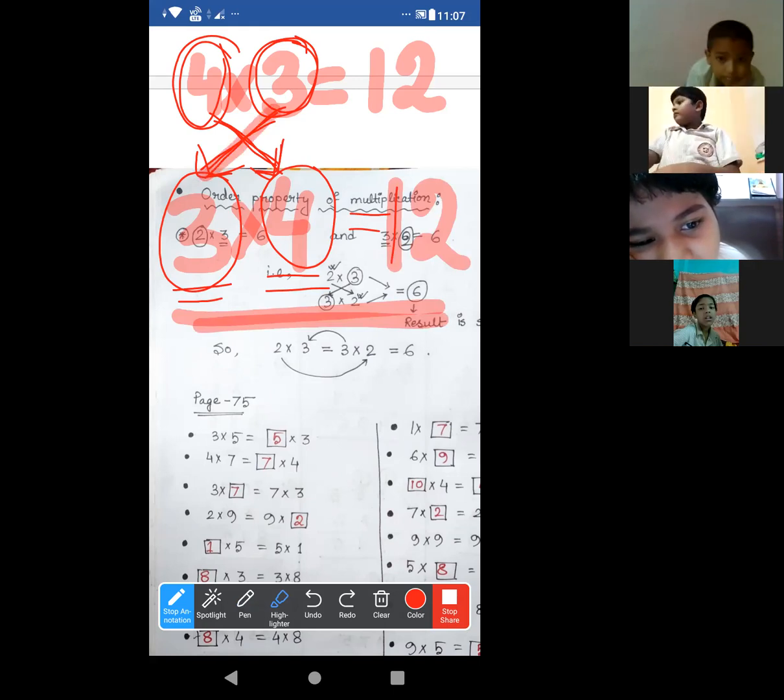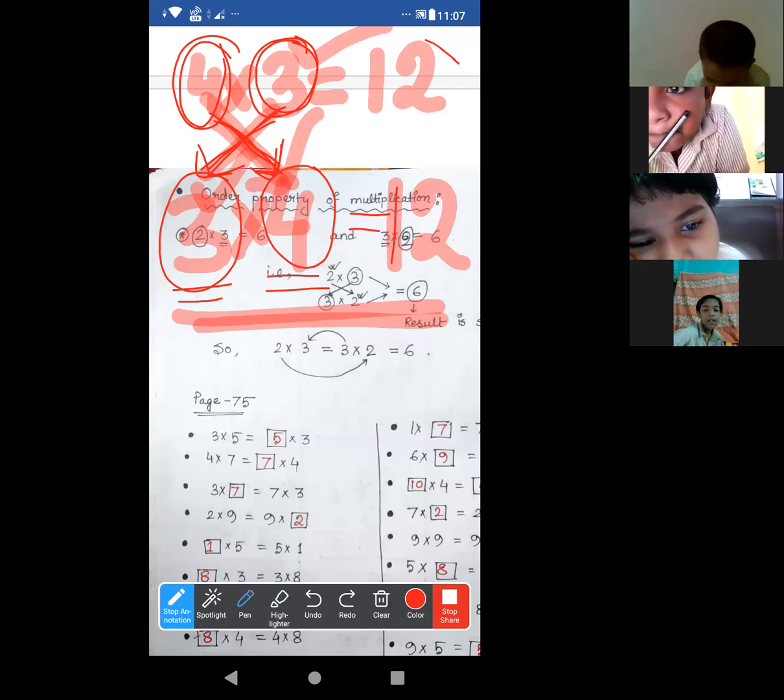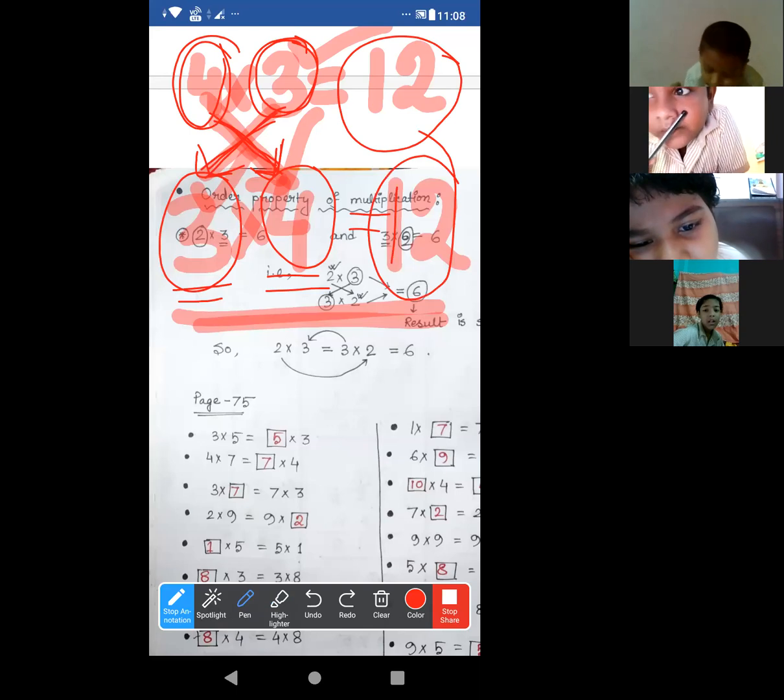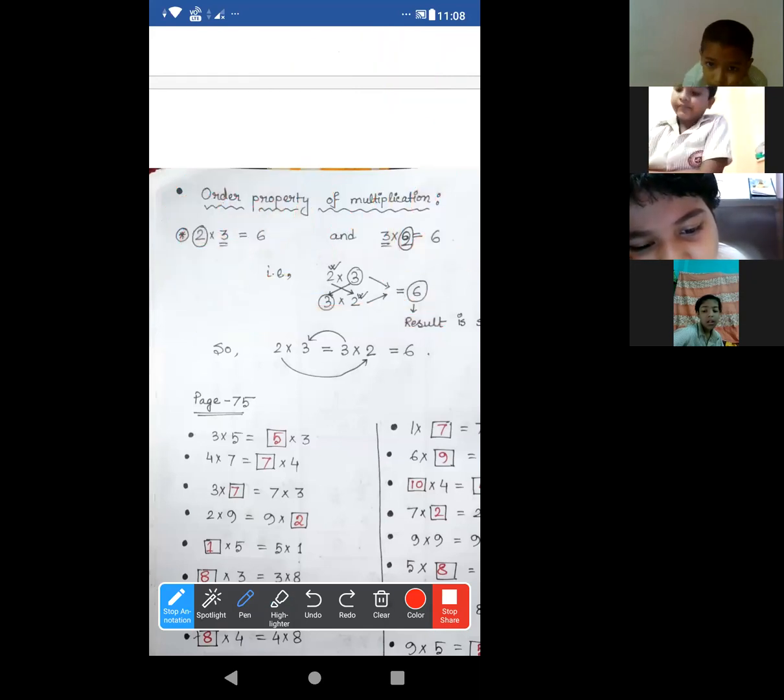So the position has been changed. 3 comes in the first position and 4 goes to the last place. Then also the answer is same, na? 12 and 12. Yes or no? So that means if we change its order, ultimately the answer will remain same.